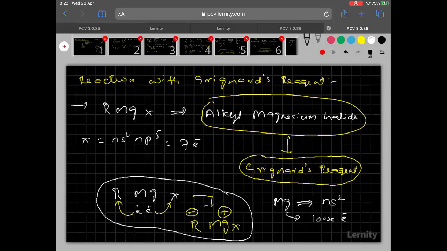R will carry the negative charge and MgX will carry the positive charge. Okay, this is the Grignard reagent.